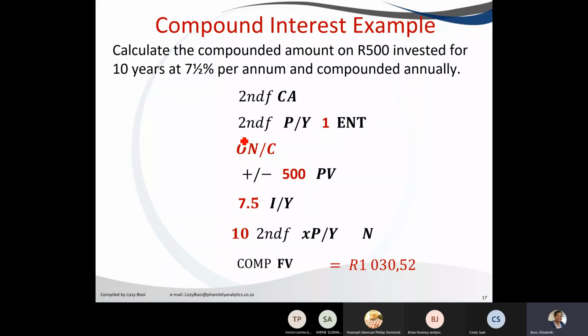If you press the N button, you will be multiplying by the compounding periods that we had. And then you also press the N button because then you are storing your value on your calculator as the period. Then you just need to press CPT and FV for future value, and the answer you get will be the same as the one you would have gotten with the manual calculations.